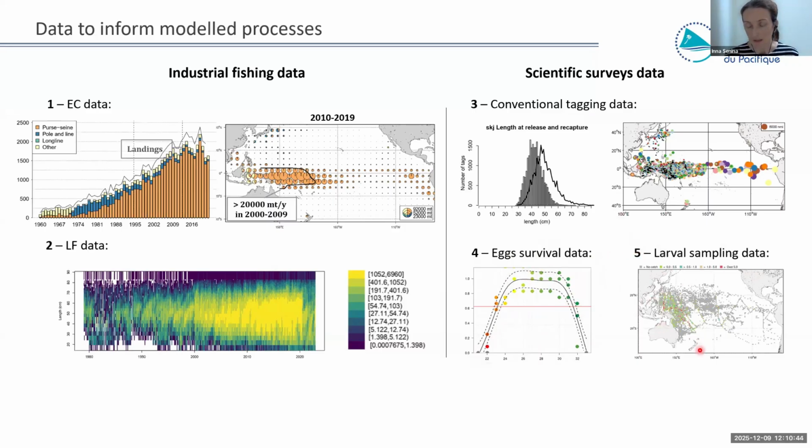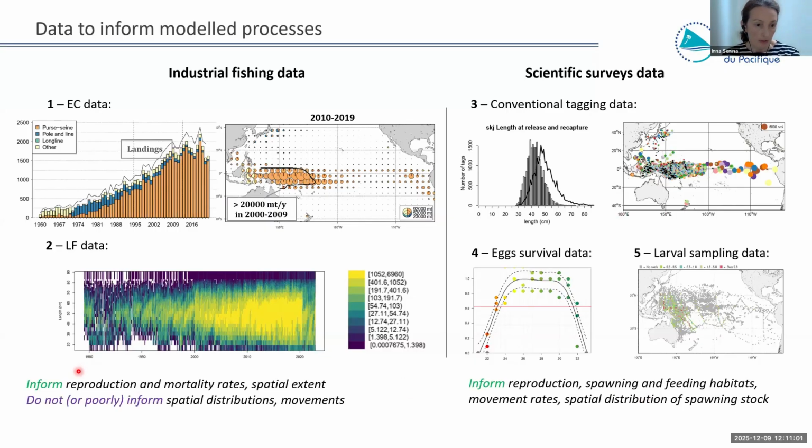And we have the densities of the early larvae, very small larvae of several millimeters, that were observed in surveys back in the 50s to 80s by Japanese scientists.